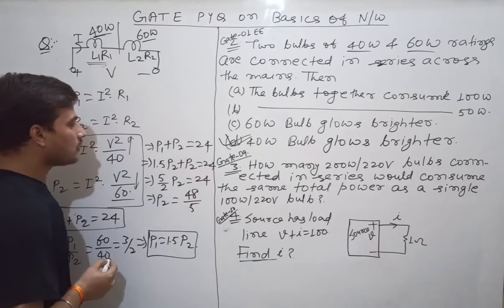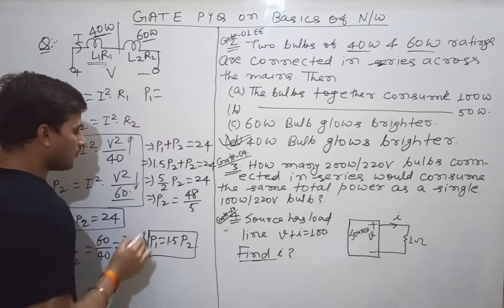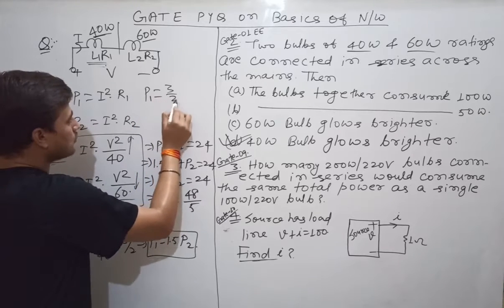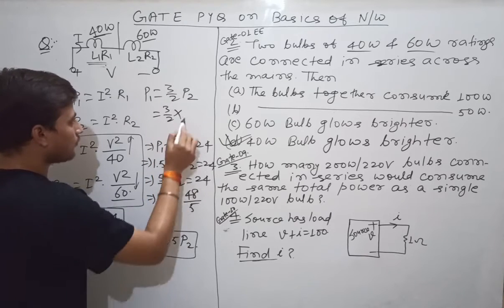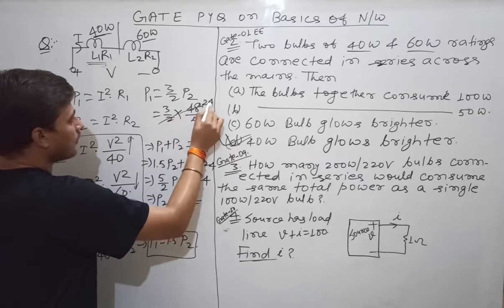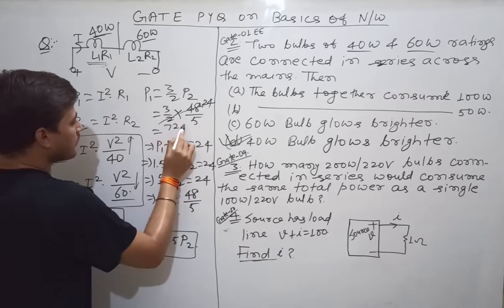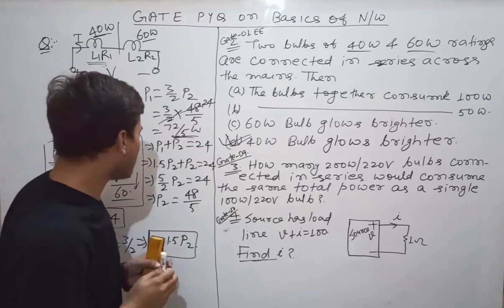Once P2 is equal to 48 divided by 5, what is the value of P1? P1 is equal to 3 by 2 P2, that means 3 by 2 into 48 divided by 5, which is 72 divided by 5 watt.